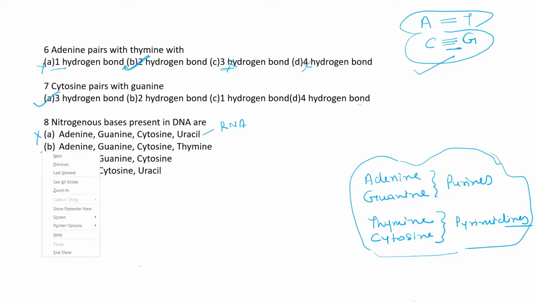So this is the correct option. The third and fourth options have only adenine, guanine, and cytosine, so only three different types of nitrogenous bases, so this is not possible. And here there is uracil and also only three nitrogenous bases, so this is also incorrect.